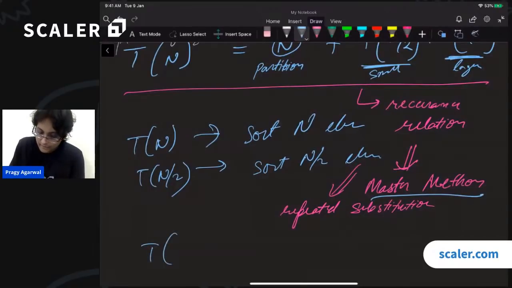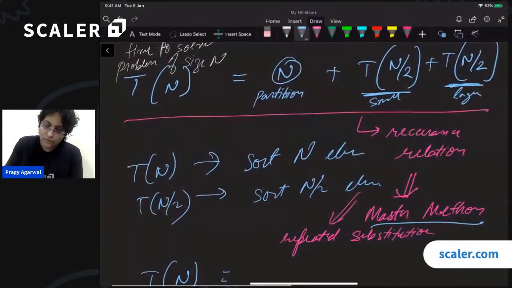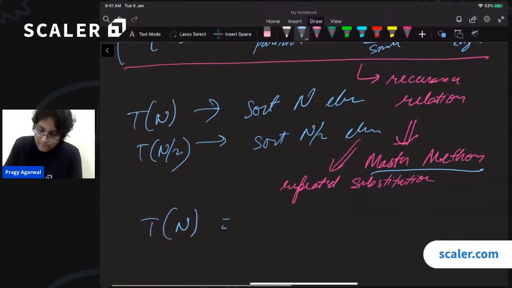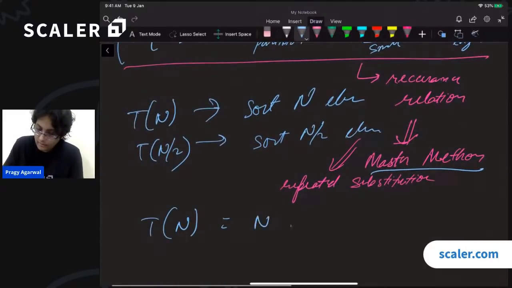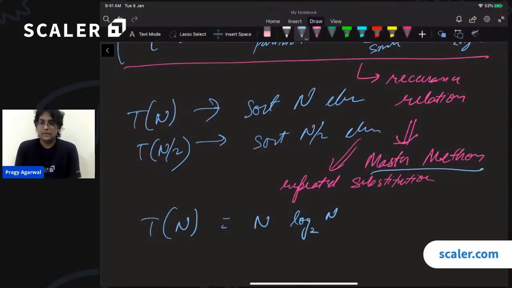So T(n), if you solve this equation, you will find that T(n) comes out to be n log n base 2. Is that clear? Yes.